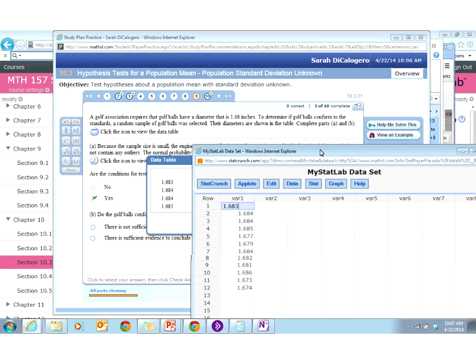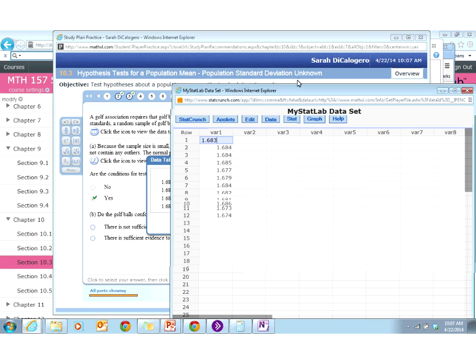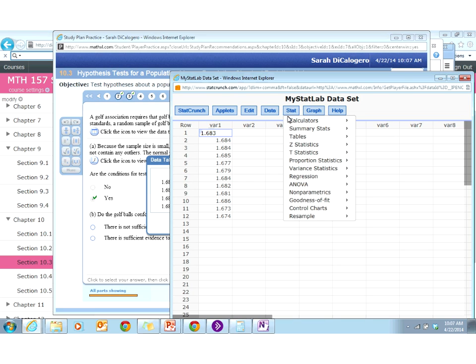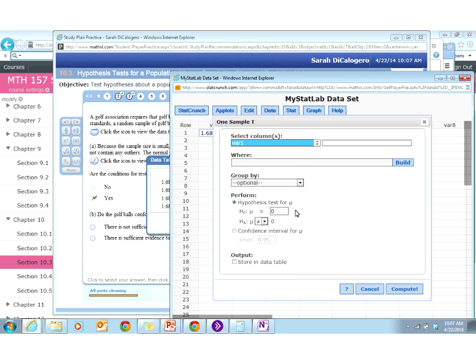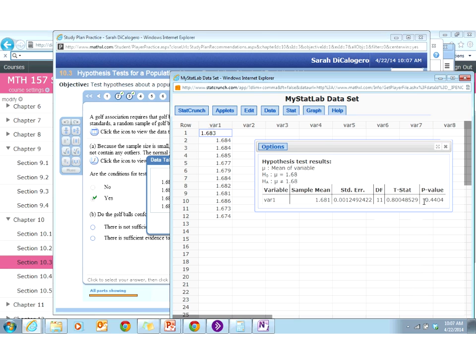Our H naught is mu equals 1.68, and our alternative is that it's not equal to 1.68. Stat, T statistics, one sample with data. So that's my column. H naught is 1.68. We're doing a two-tailed test. Compute. Our p-value was 0.44.